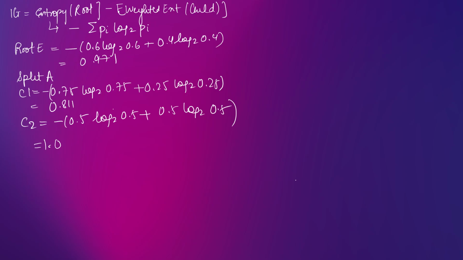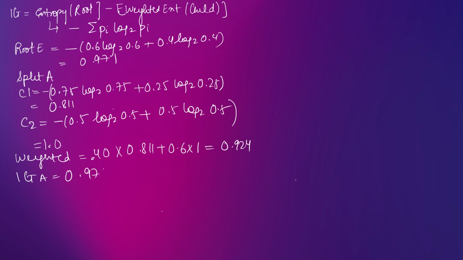For weighted entropy, we know the distribution as 40-60. So we'll write 40%, that is 0.4 into 0.811 plus 0.6 into 1, 0.924. Information gain of A will be 0.971 minus 0.924. We'll get it as 0.047.